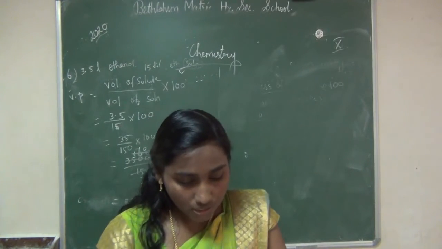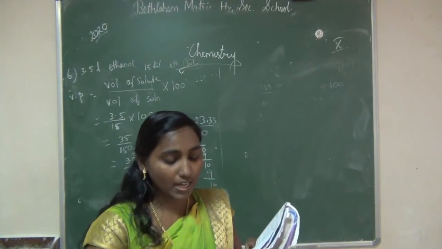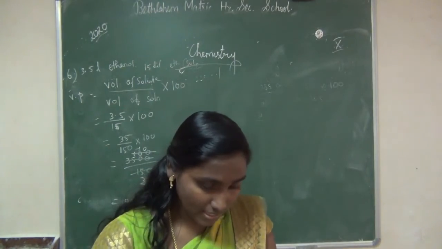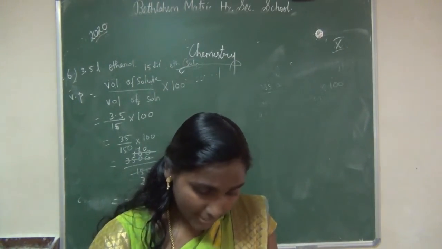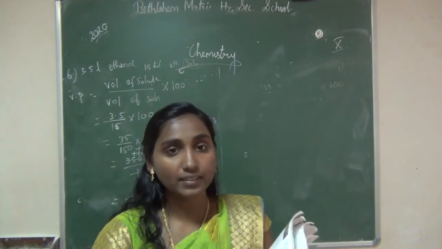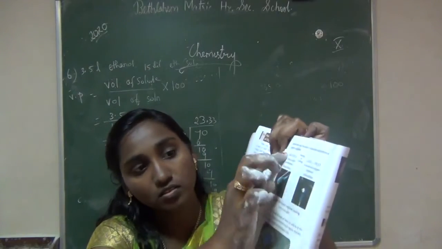Then the second question: A is a blue colored crystalline salt. On heating it loses its blue color to give B. This question we already studied. Answer is on page number 130. Mark this one equation.